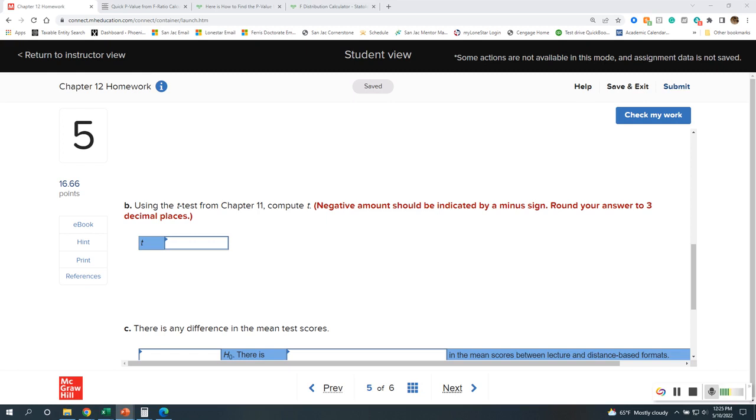Ooh, I think this is going to be the fun one. But it doesn't say exactly which t-test. Huh.